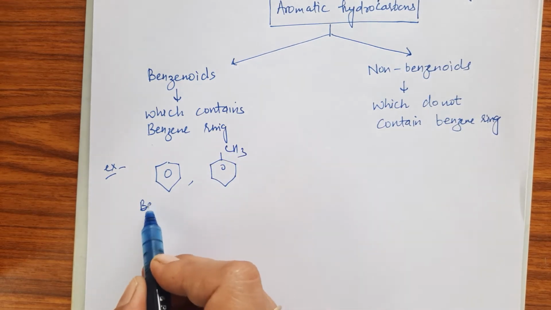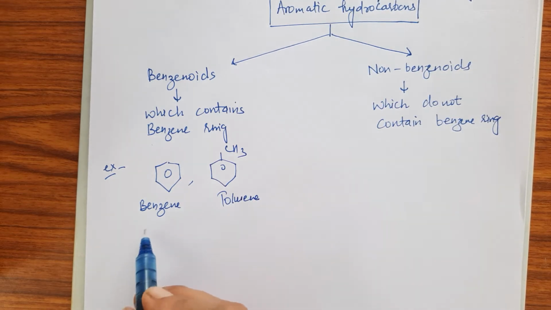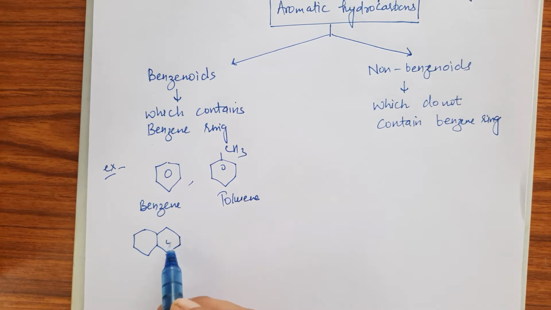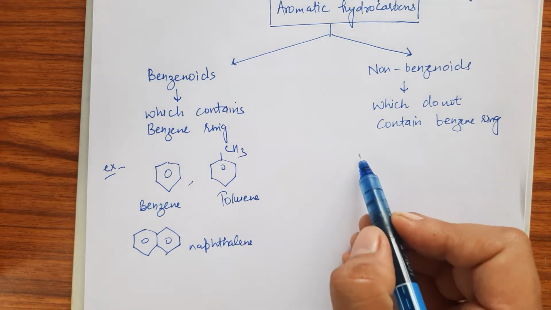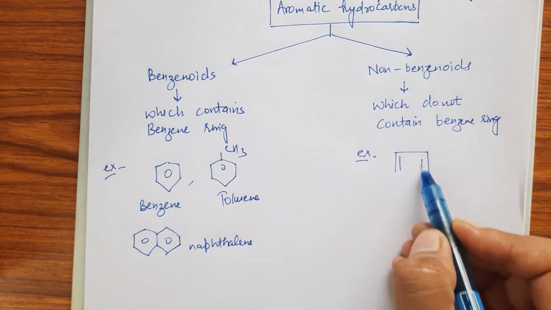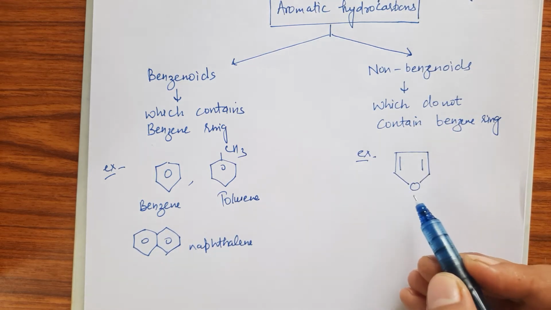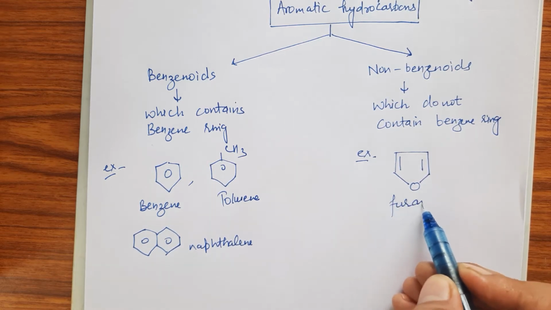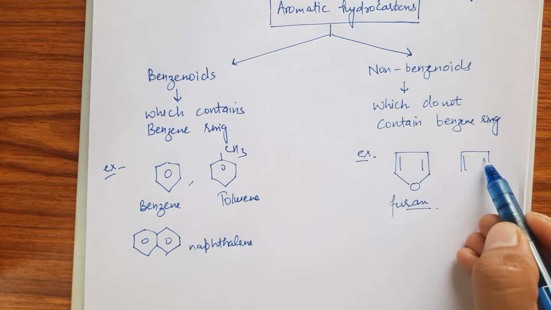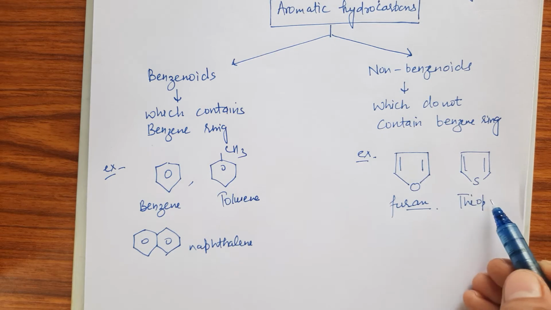Like toluene, this is benzene, this is toluene, naphthalene, right, and many more. And in non-benzenoid, which do not have a benzene ring but still are aromatic in nature, like this is furan, this is thiophene, right?